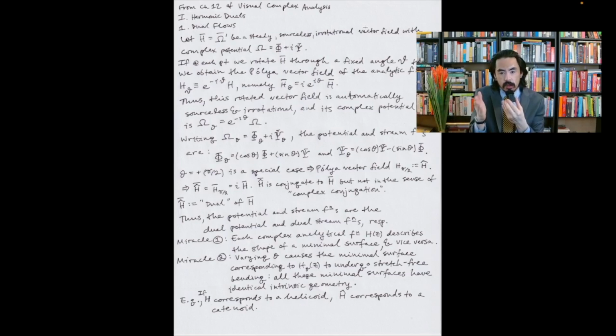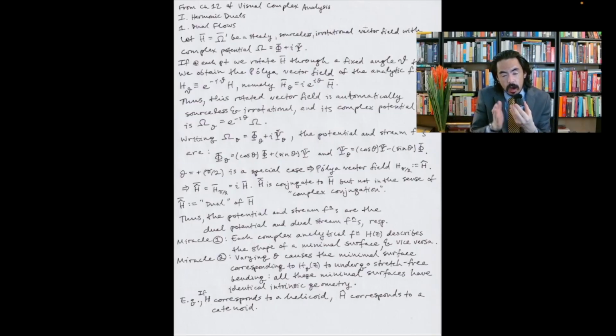Thus, if you know about complex variables, then you know that complex conjugation is when you negate the imaginary part of the overall complex value, right? But you keep the real part.